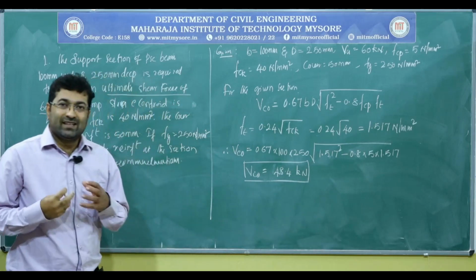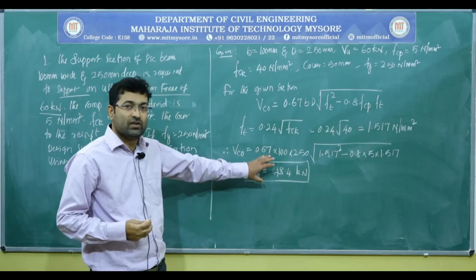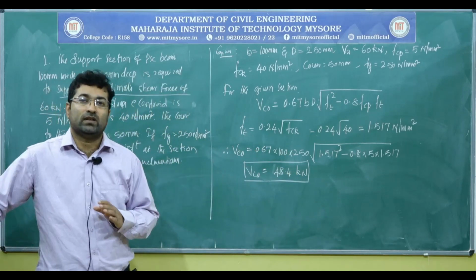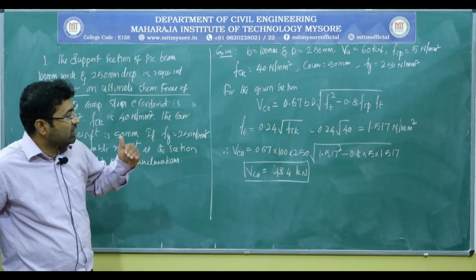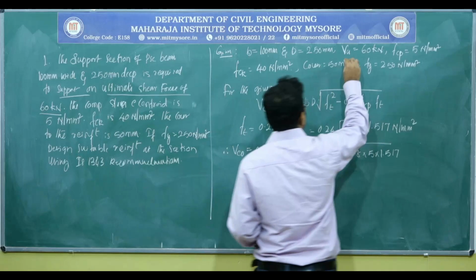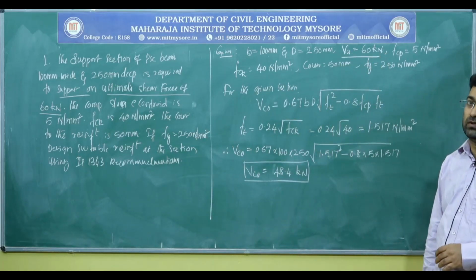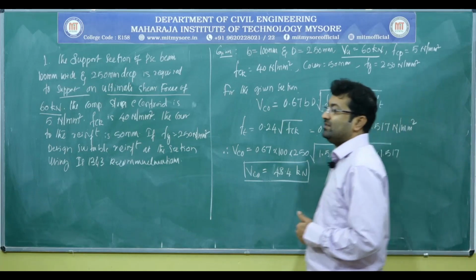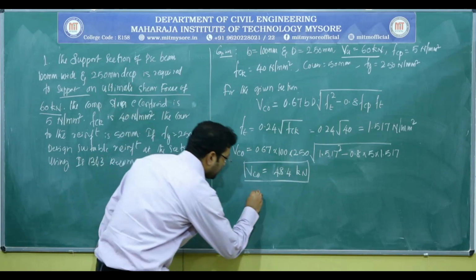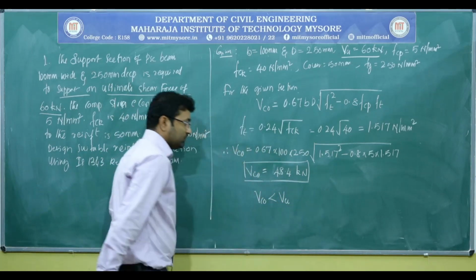Right. So the given section has a capacity of resisting the shear force of 48.4 kilonewton. But how much shear force is actually acting on the section? We know it is 60 kilonewtons. So now based on this, we have to take a decision. Here VCO is less than the VU.